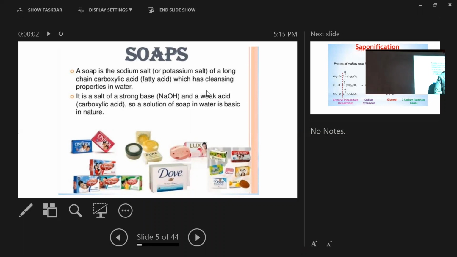So we will have CH2 inside, that will be 17, and CH3. Now you can consider that as a salt. How have we prepared it? Just the carboxylic acid and sodium hydroxide, a weak acid and a strong base, forming the salt. That means sodium hydroxide reacting with carboxylic acid gives the salt, and that is the soap.